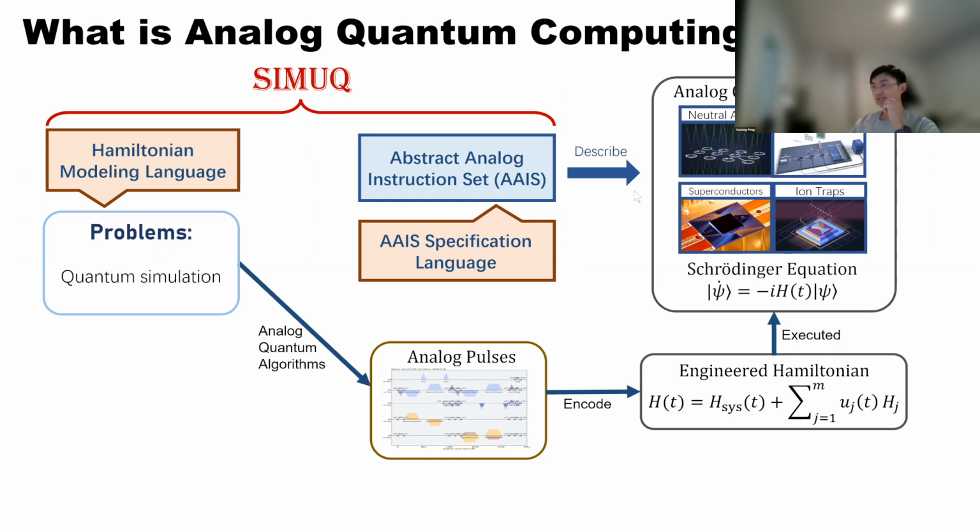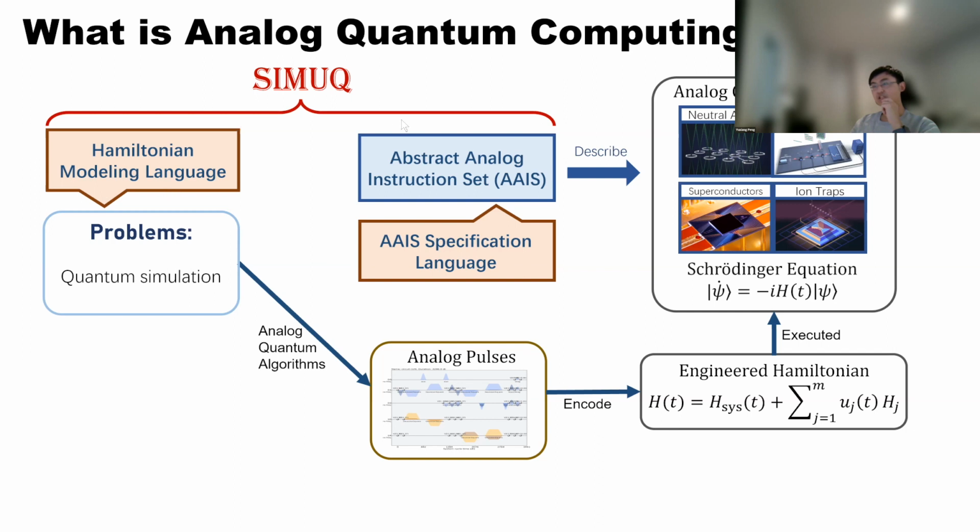And to describe the different analog quantum devices, we propose the abstract analog instruction set as a new abstraction that exposes very little about the quantum devices, but is expressive enough for us to actually program something. We use an AAIS specification language to depict this abstract analog instruction set.